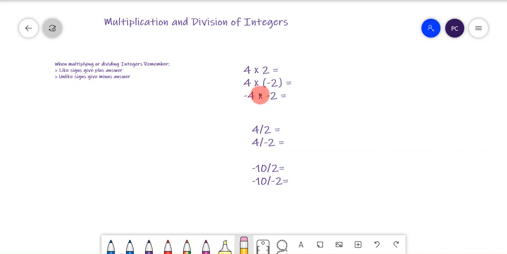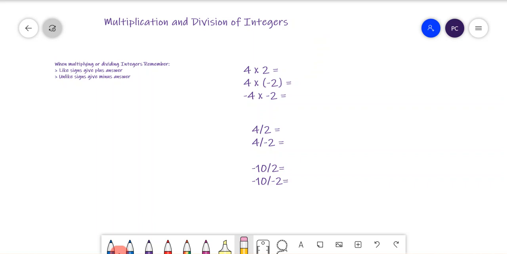In these three, we're going to deal with multiplication. So this is positive 4 multiplied by positive 2, or 4 multiplied by 2. The sign of these two integers is positive, so this is positive and this is positive. Therefore, they're like signs, so you expect the answer to be plus, a positive answer.